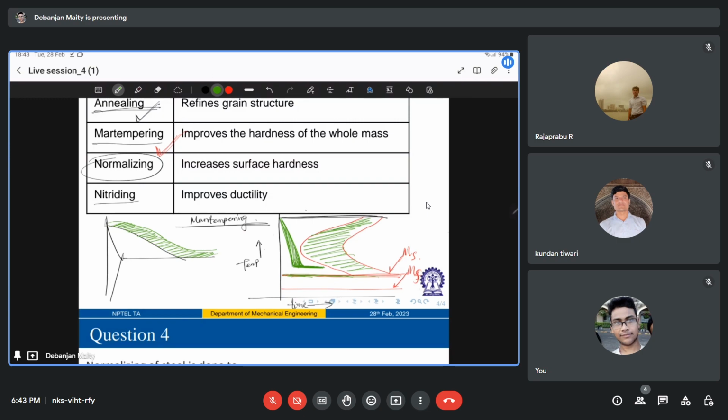If you hold it for so long, you'll get bainitic structure, which is soft in nature. So you are not holding for that long, but for sufficient time so that it does not cross this region, right? You are getting my point, I hope. And then the component is taken out of the bath and allowed to cool in air.